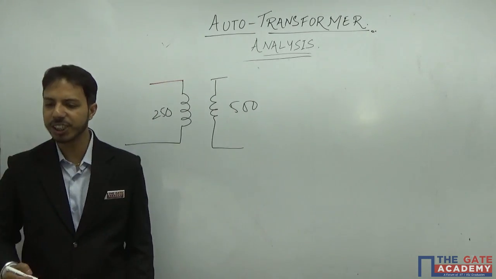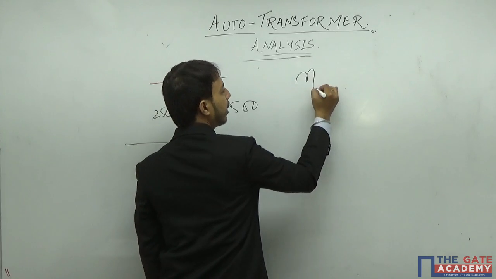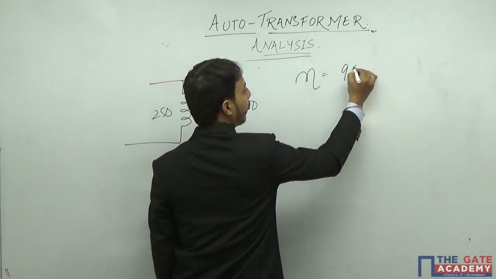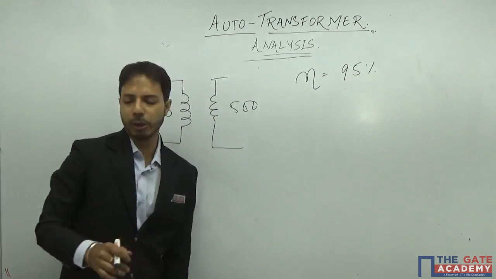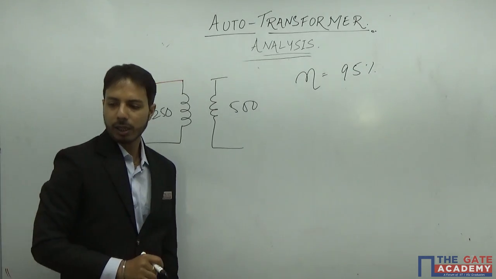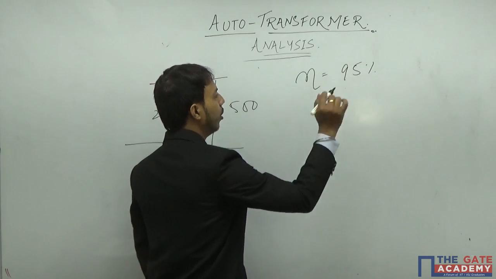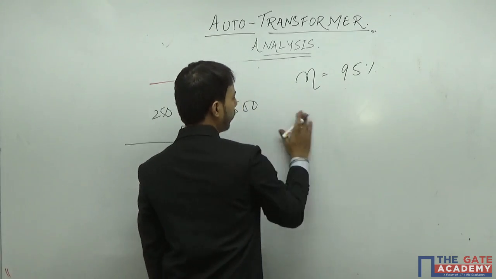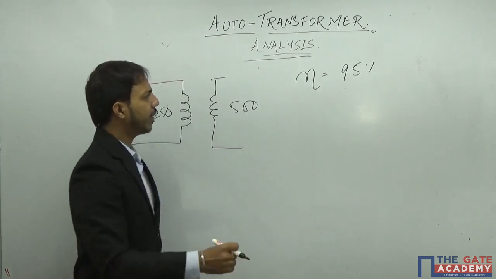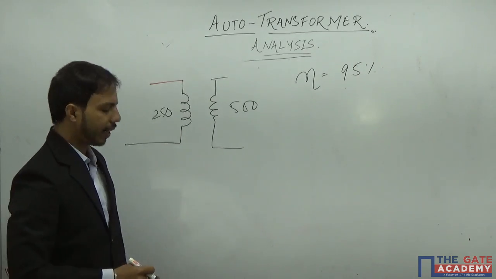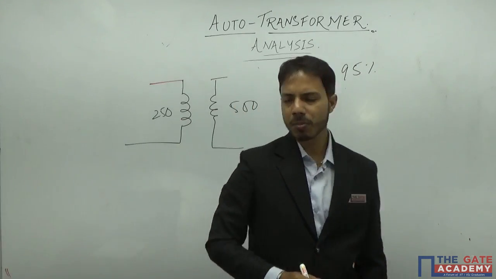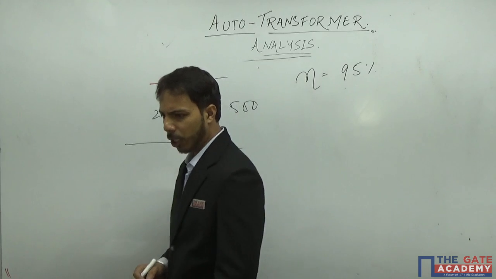The two-winding transformer has an efficiency given as 95%. And this efficiency is at full load and unity power factor. Full load means the rated current is flowing, okay, and unity power factor.